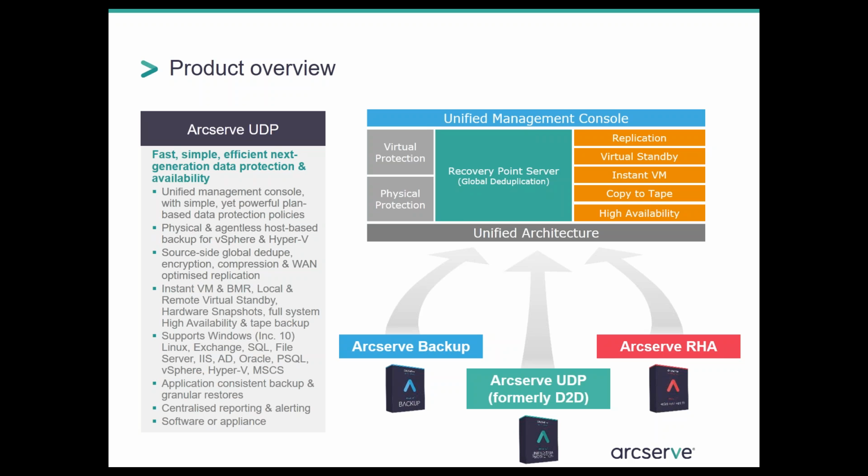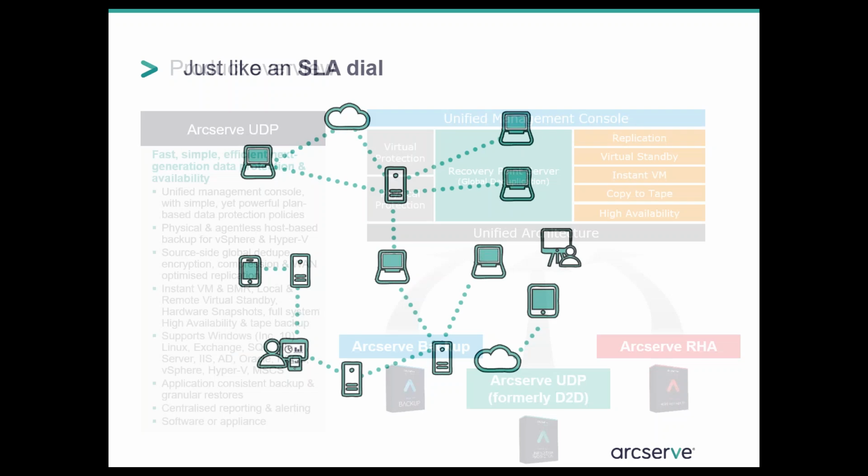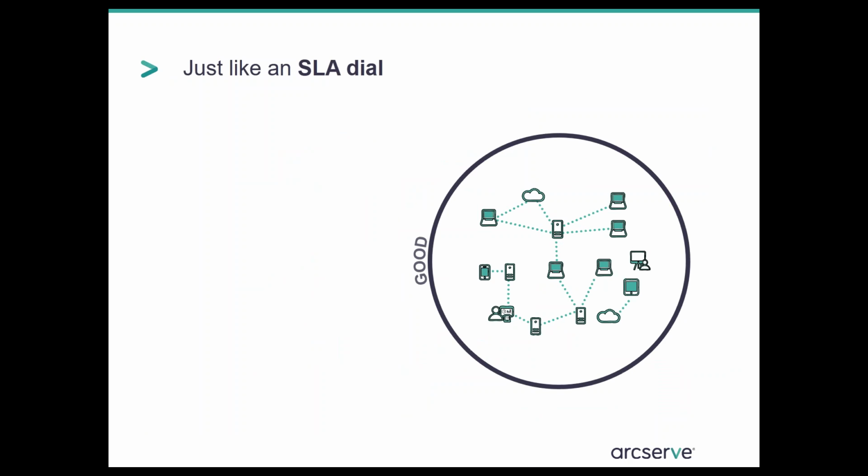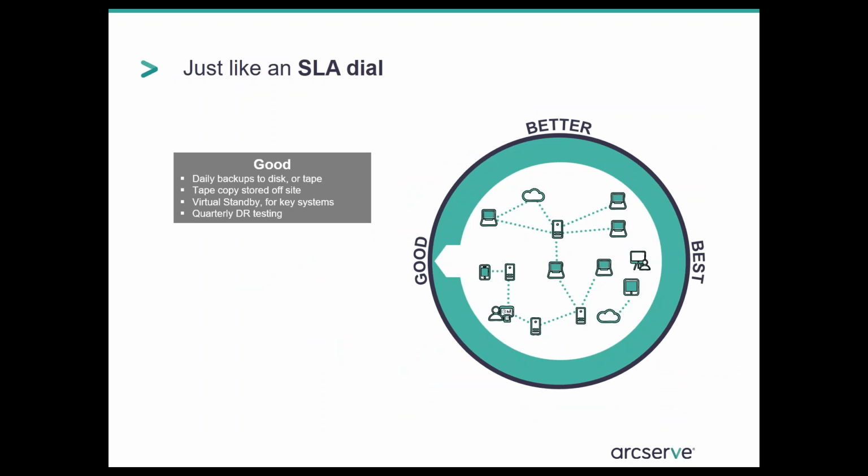And we can then copy to tape backup images for long-term archival and compliance purposes. And of course, we have high availability functionality that we get thanks to the Arcserve RHA component. As you can probably see from this, the Arcserve UDP solution is actually very flexible and very comprehensive.